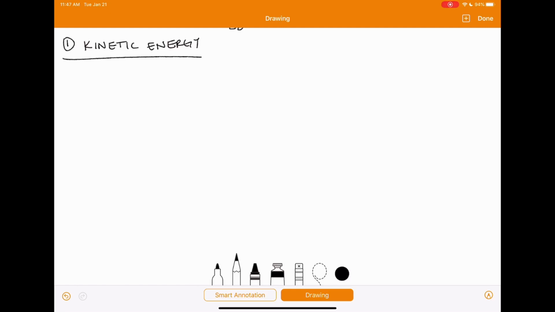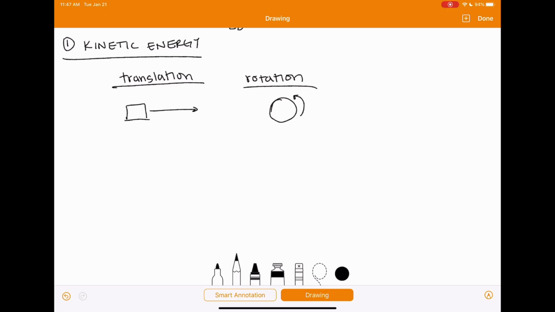So one thing you need to know is the difference between translation and rotation. And each of these comes with their own equation for kinetic energy. So translation would just be taking an object and translating it in space, whereas rotation would be taking an object and just rotating it about some axis, and it's not really actually moving in space.